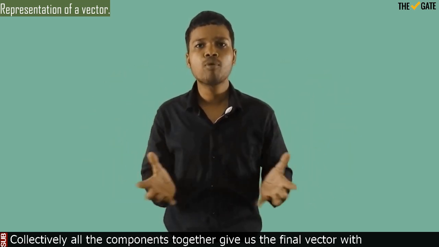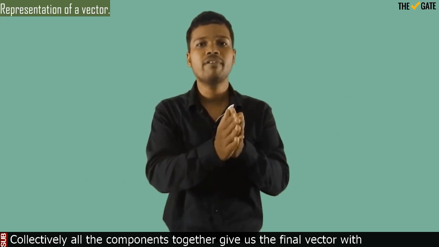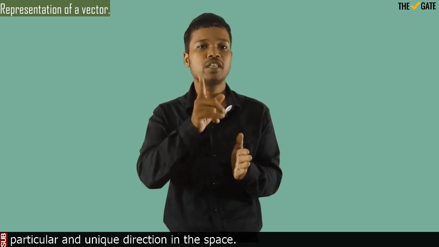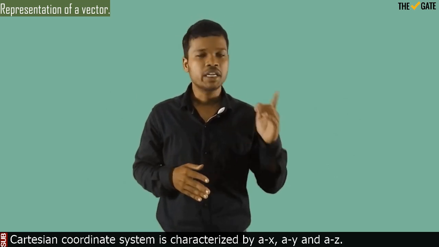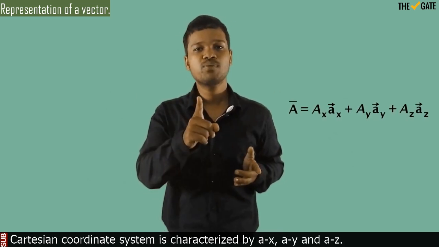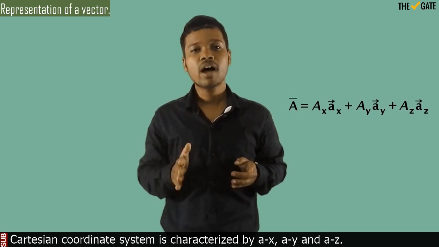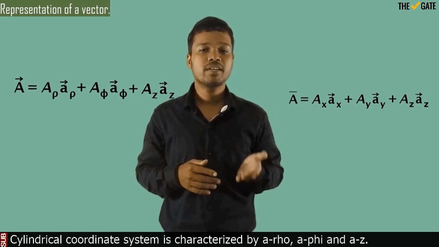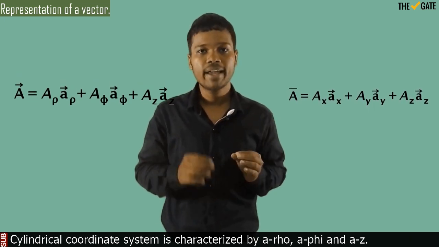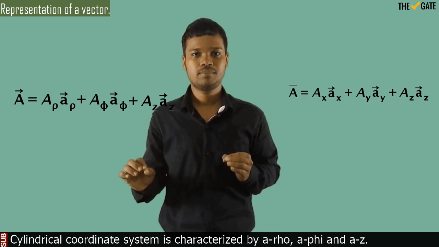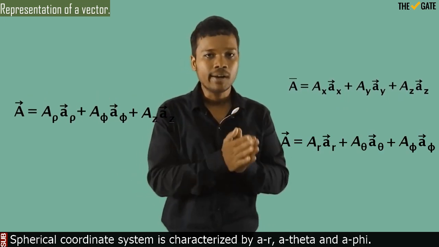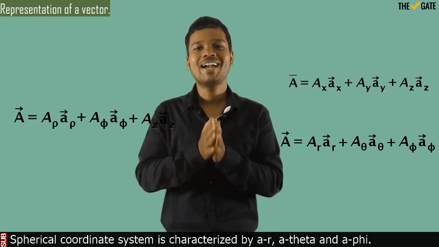Collectively, all the components together give us a final vector with particular magnitude and unique direction in the space. Cartesian coordinate system is characterized by ax, ay and az. Cylindrical coordinate system is characterized by a rho, a phi and az. And spherical coordinate system is characterized by aR, a theta and a phi.